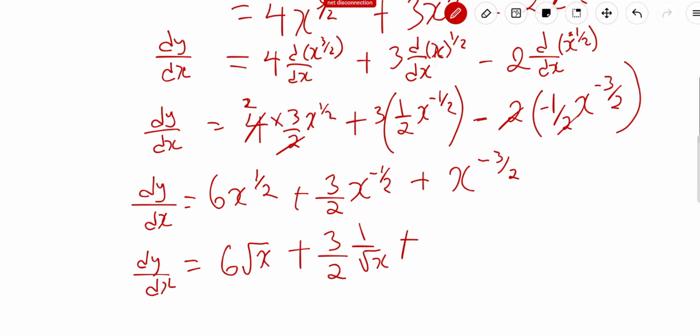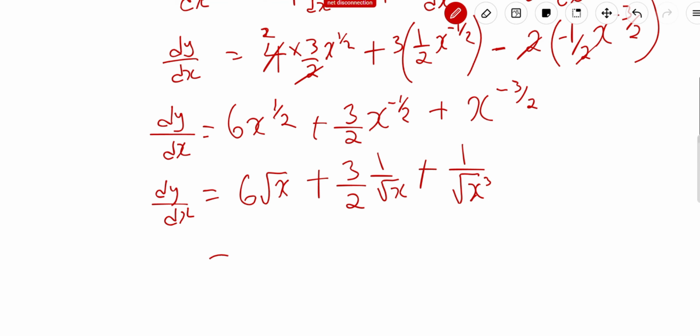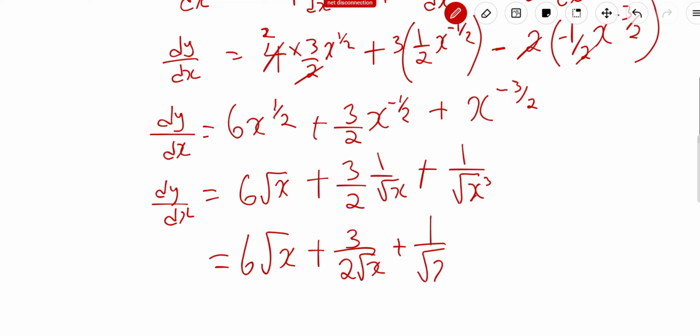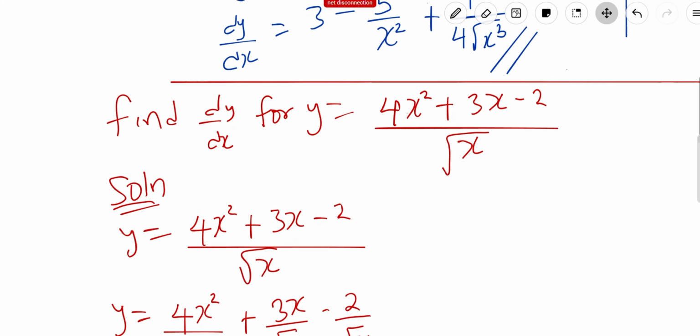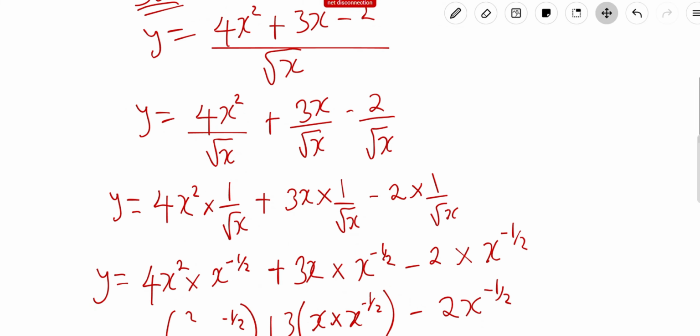And the last term is just going to be 1 over the cube root of x. Which I can finally rewrite as 6 root x plus 3 over 2 root x plus 1 over the cube root of x. So that becomes our derivative for y equals 4x squared plus 3x minus 2.